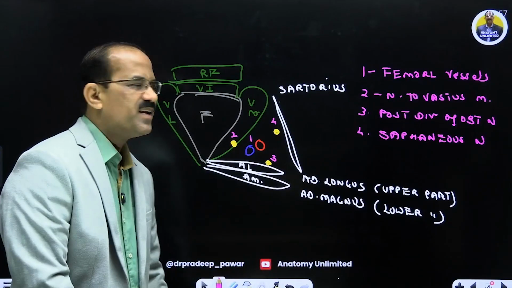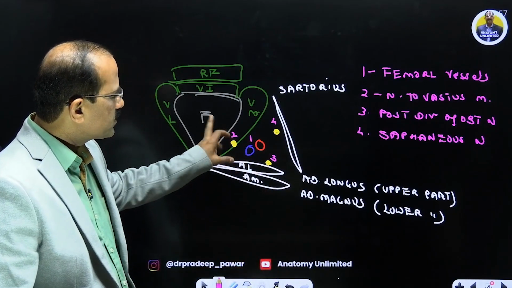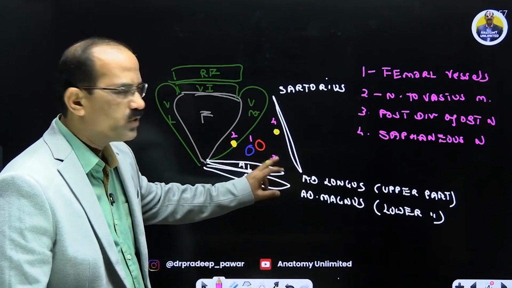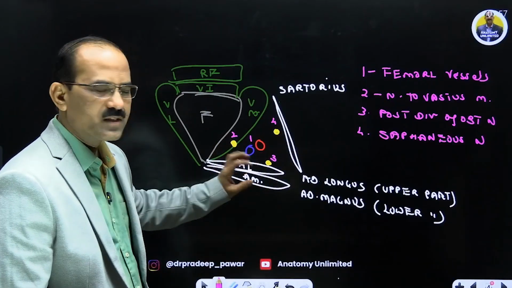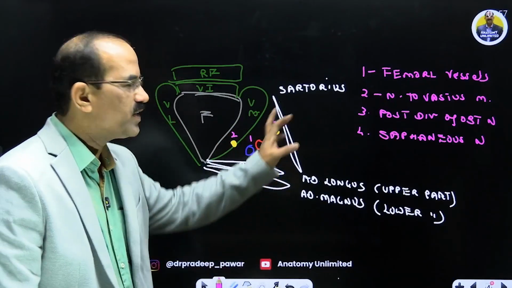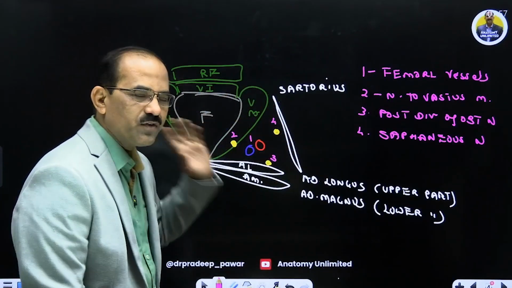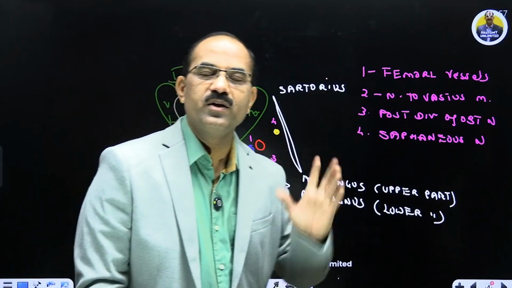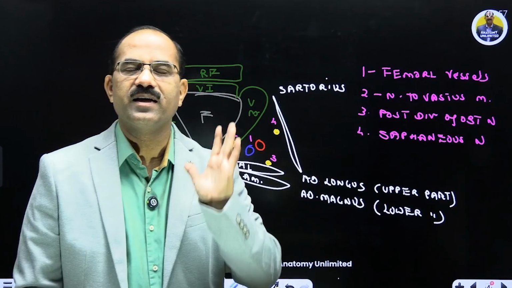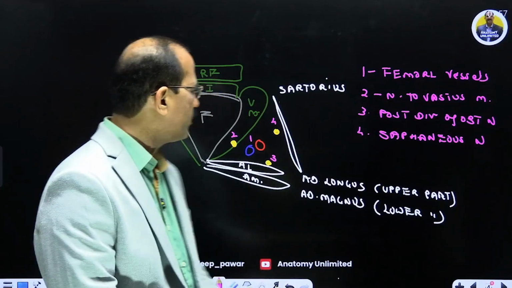Fine है. इसमें number 2 is muscular, posterior division of obturator nerve, ये भी muscular है, femoral vessels हो गए. Who's the cutaneous nerve? That's the saphenous nerve. The saphenous nerve crosses the femoral artery from the lateral to the medial side. Lateral से medial side को cross करती है femoral artery को.